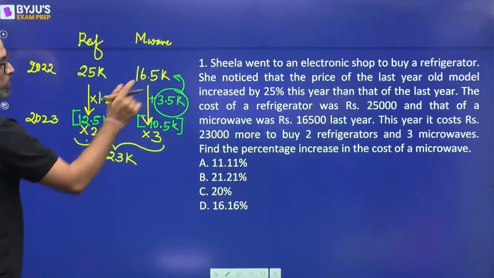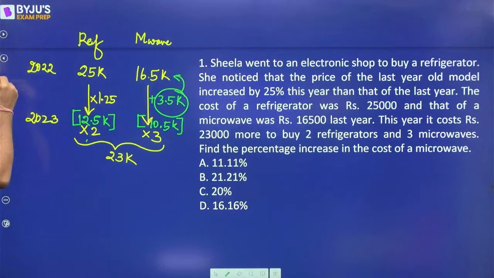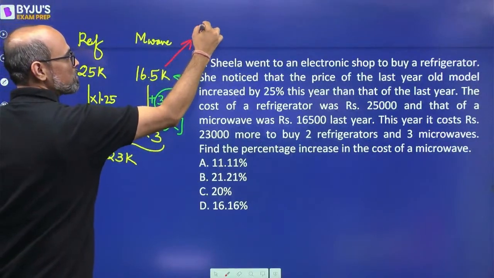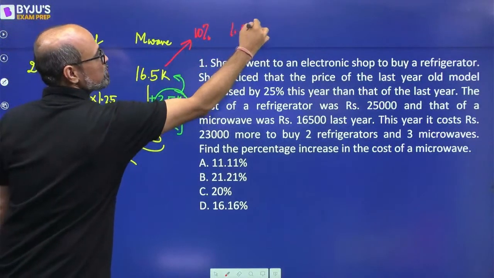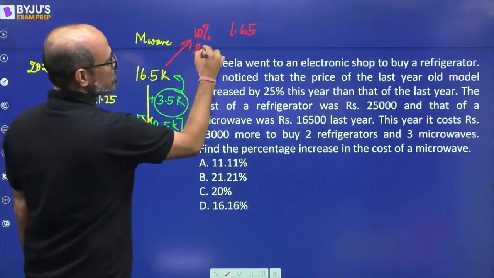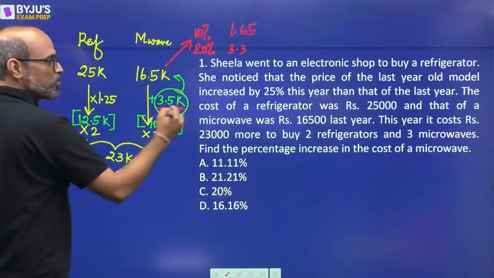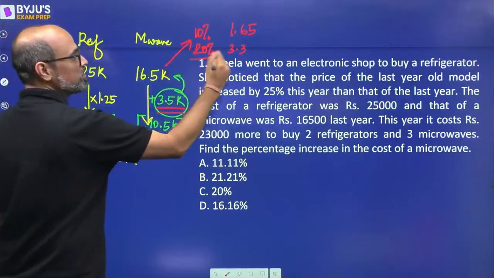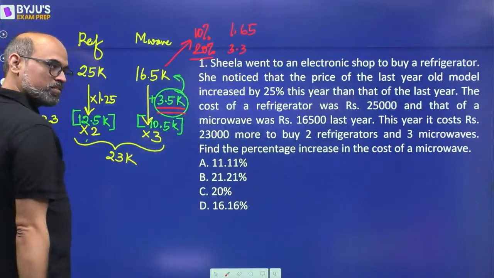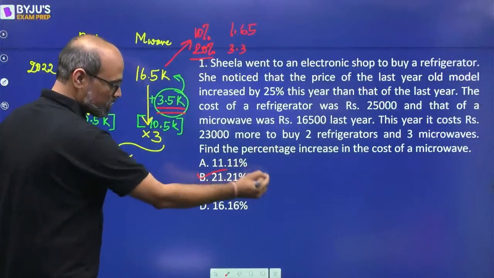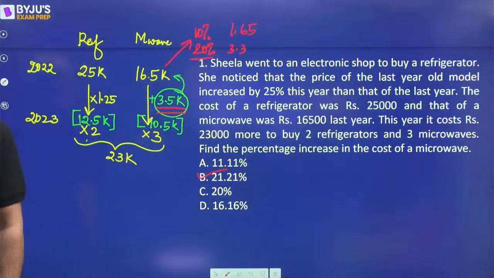If I calculate 20% of 16.5, 10% is 1.65, so 20% is going to be 3.3. We need more than 3.3, so the answer should be more than 20%. The option that is more than 20% is option B. So B will be the answer.